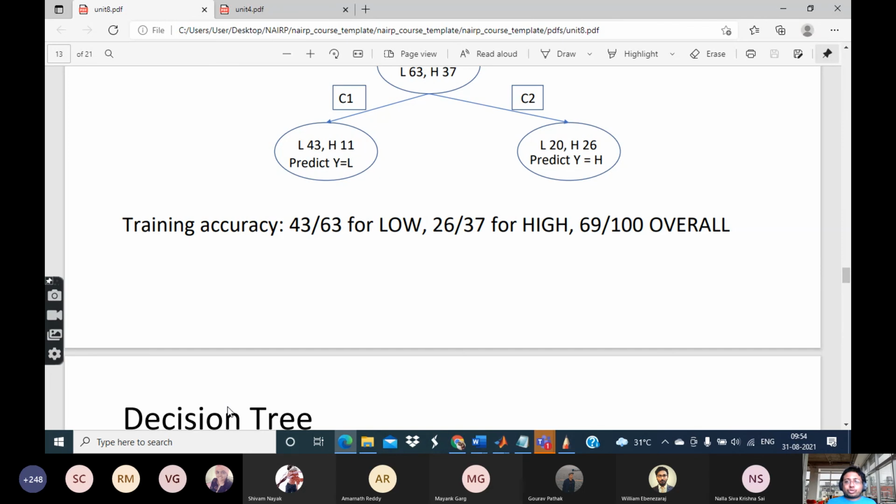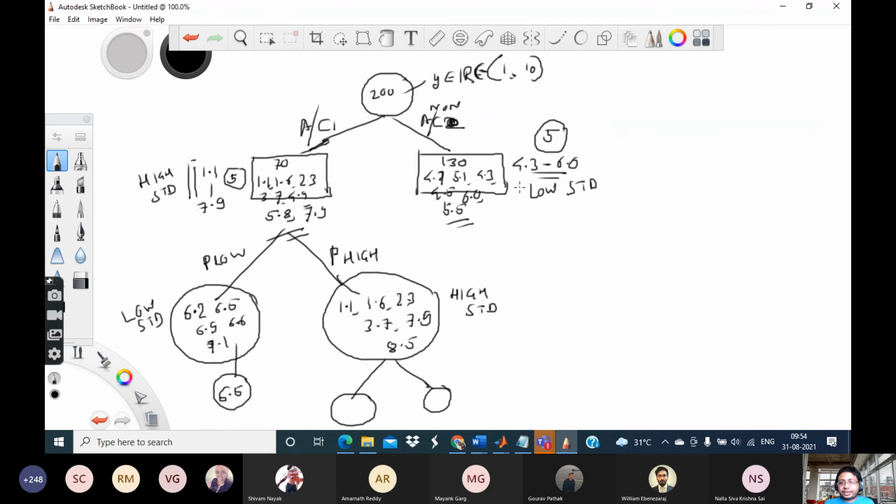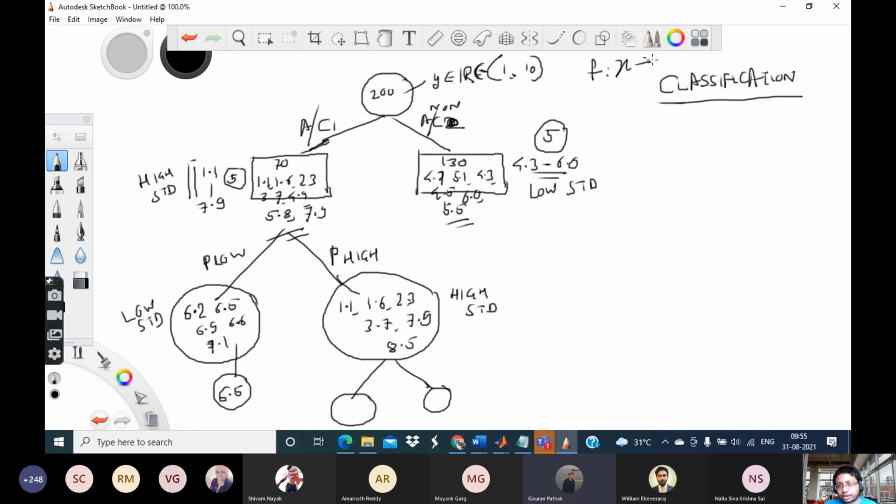So just to recapitulate what we have learned so far. We started off with classification. What do I mean by classification? A function from the feature space to the label space.